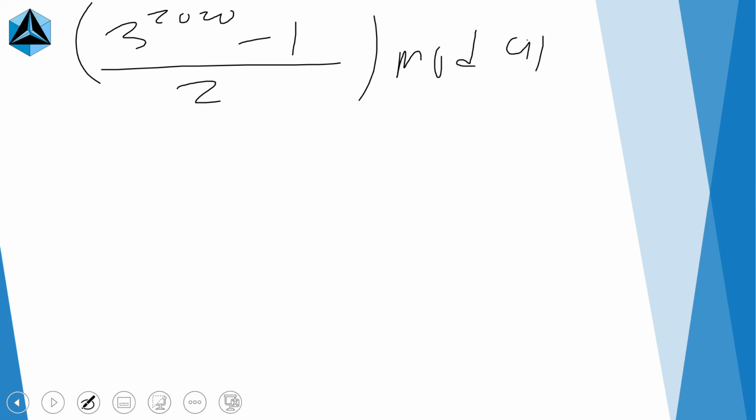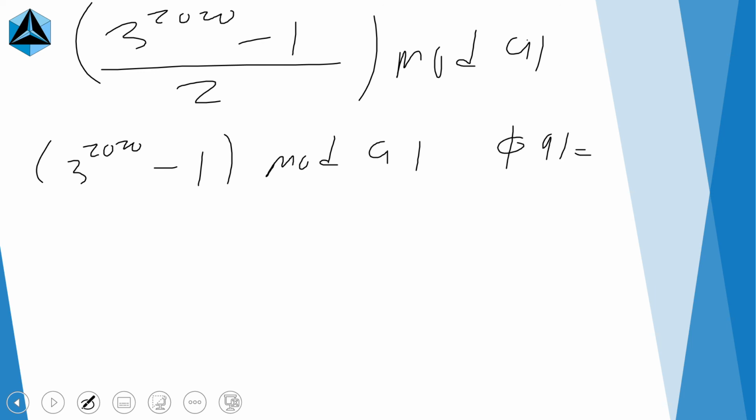What we could do is first take 3 to the 2020 minus 1, mod 91, and then divide that by 2. Using Euler's theorem, we can take the exponent of 3, which is 2020, mod phi of 91. Phi of 91 is equal to 6 times 12, which is 72.